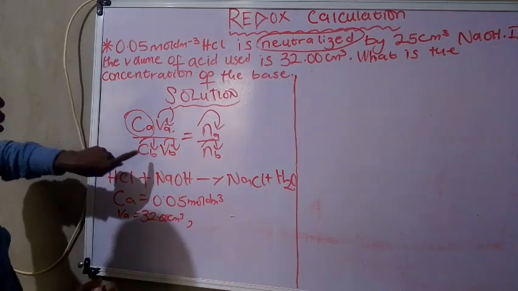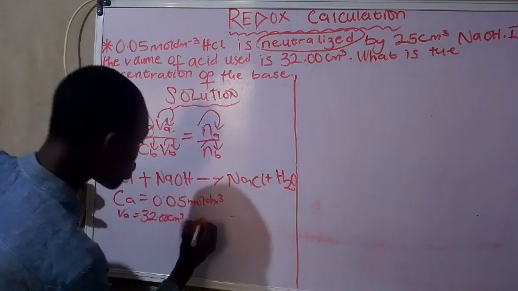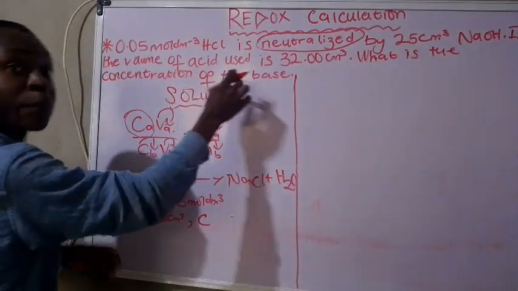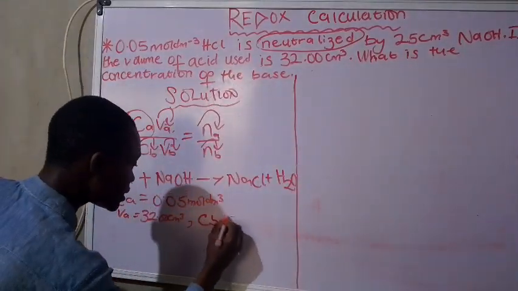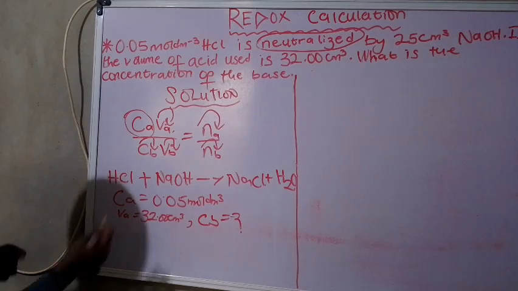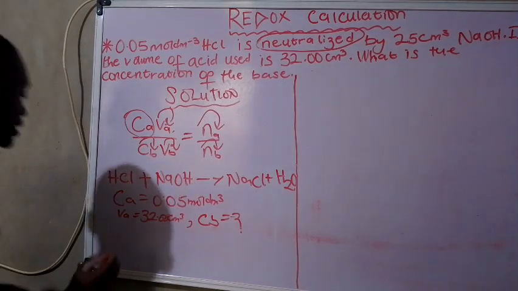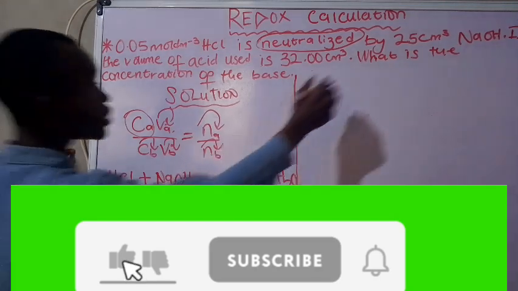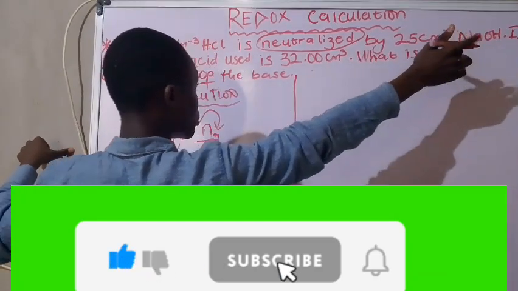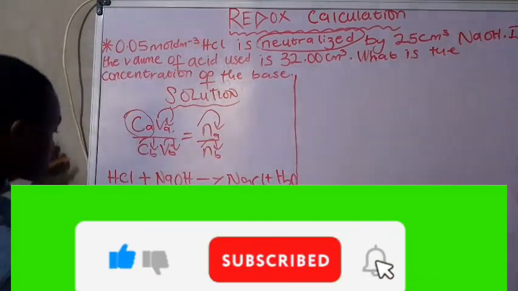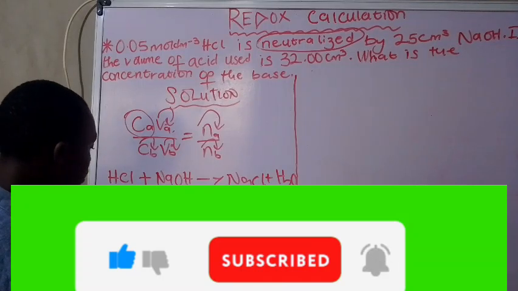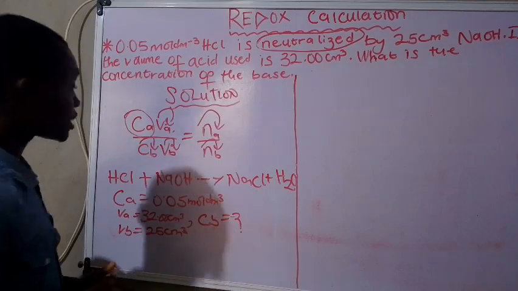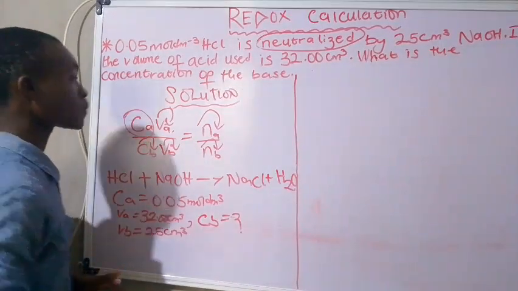The concentration of the base is unknown, because we are asked to find the concentration of the base. The volume of the base is simply 25 cm³ of NaOH, since NaOH is the base. You can see it's very easy. Now let's input it.